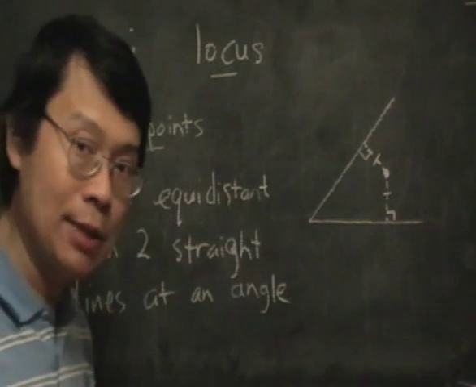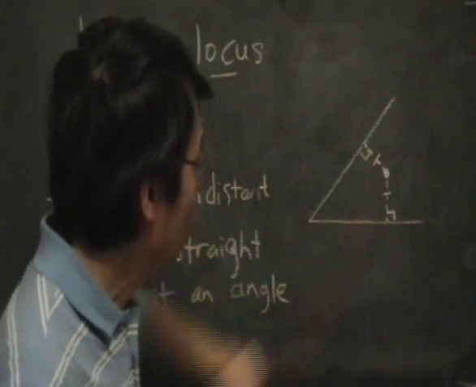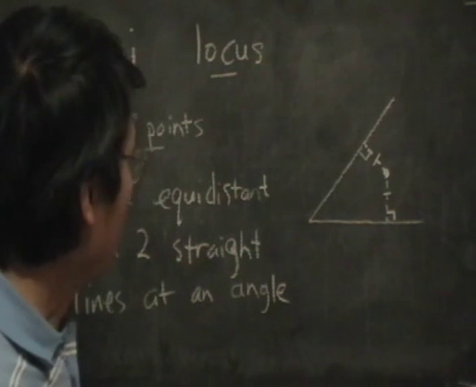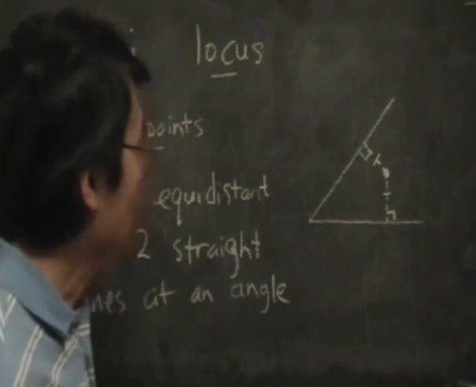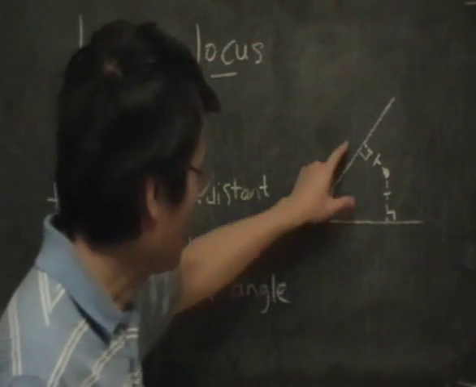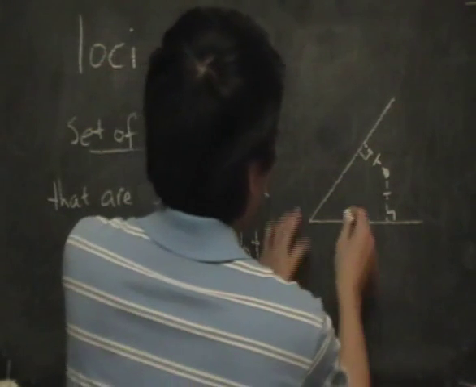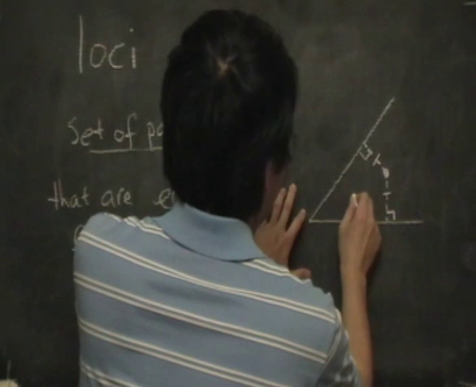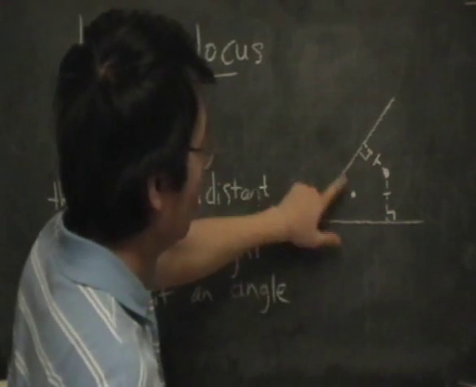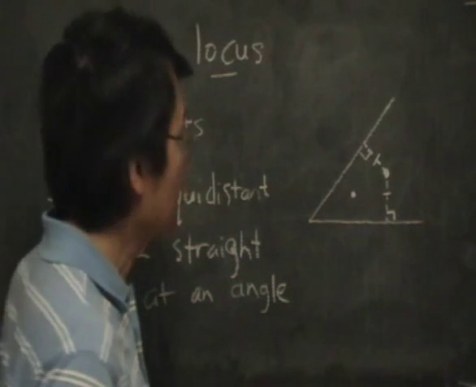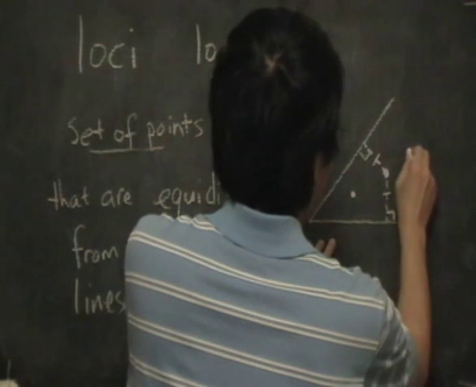Now that we understand the meaning of distance of a point from a line, we can roughly think of a few other points that are equidistant from the two lines. So it might be a point there, roughly in between the two lines, same distance from the two lines, or a point there.